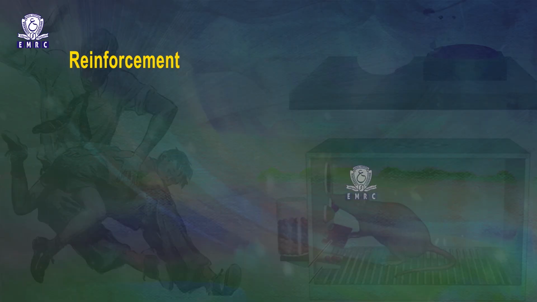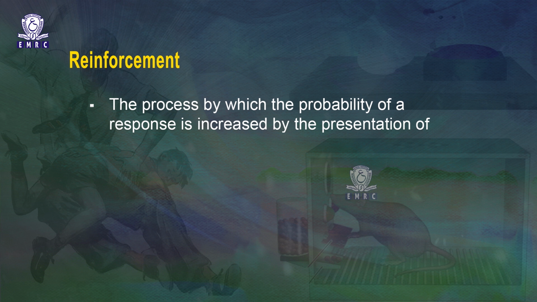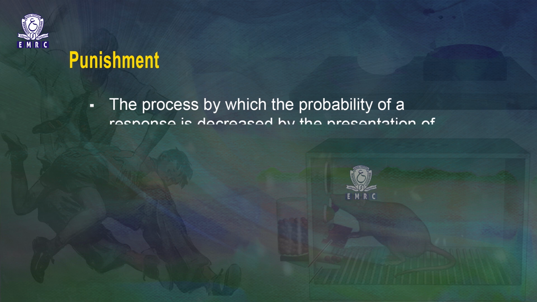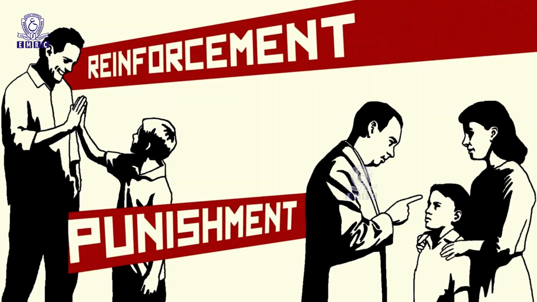Therefore, reinforcement is defined as the process by which the probability of a response is increased by the presentation of a reinforcer following the response, and punishment as the process by which the probability of a response is decreased by the presentation of a punisher following the response.